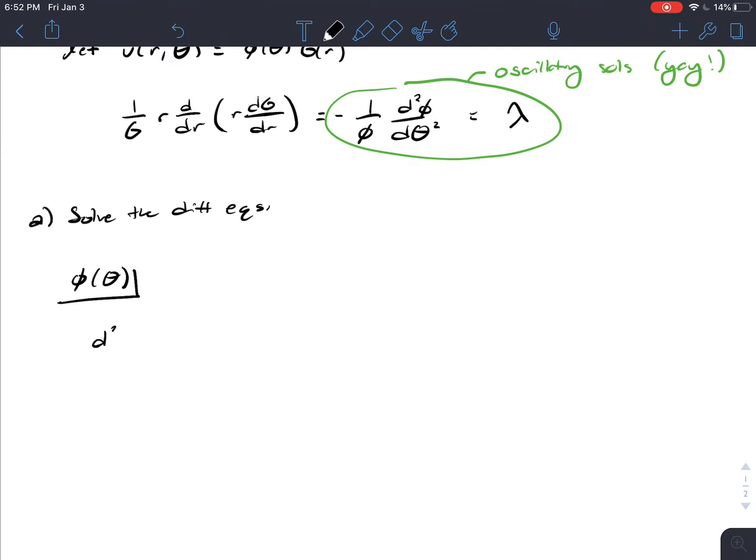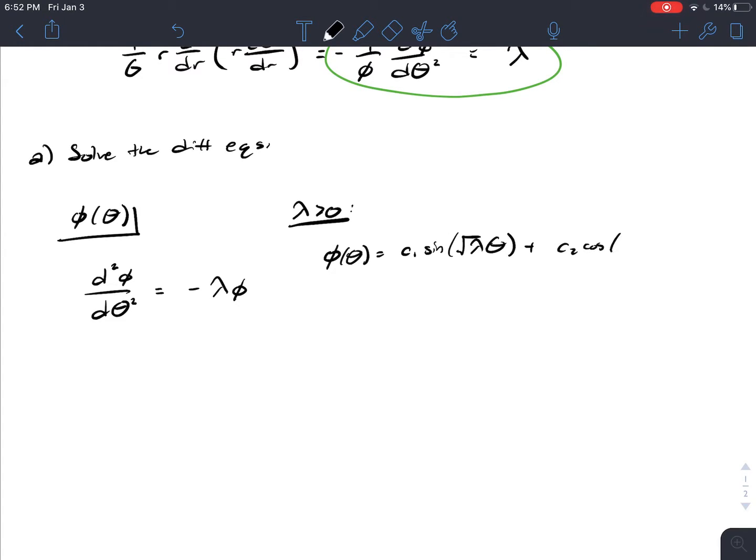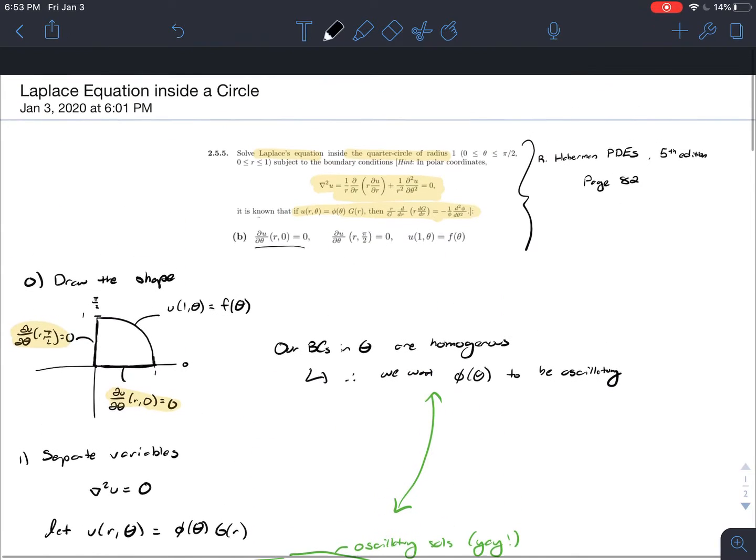We're currently going to solve the differential equation, phi double prime equals negative lambda phi. The first case we're going to look at is when lambda is greater than 0, because lambda can be less than 0, equal to 0, or greater than 0. In this case, if we solve this differential equation, phi is simply going to be equal to c1 sine square root lambda theta plus c2 cosine square root lambda theta.